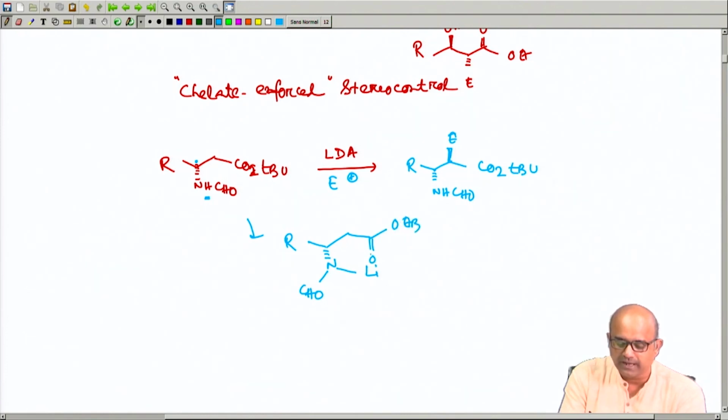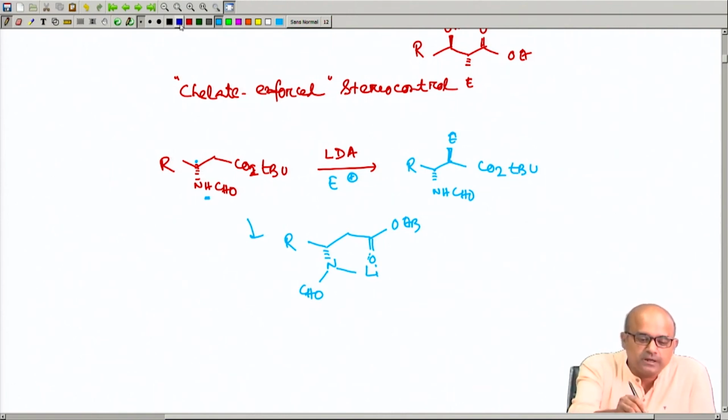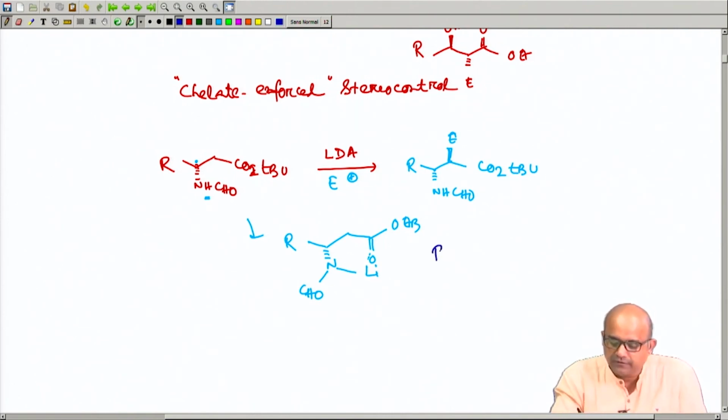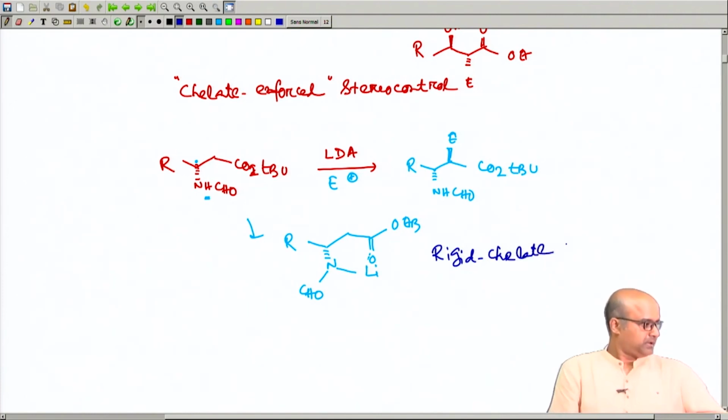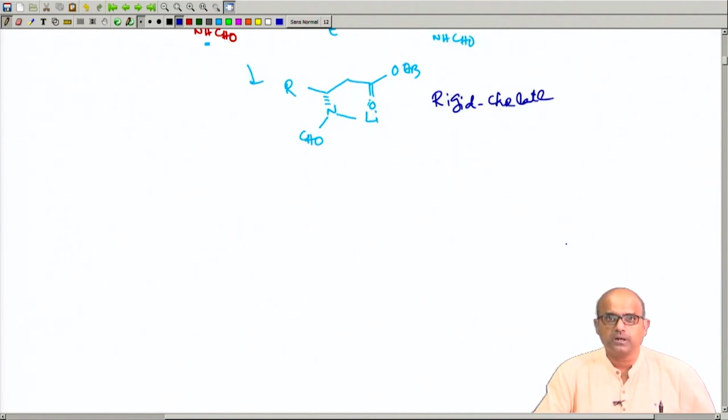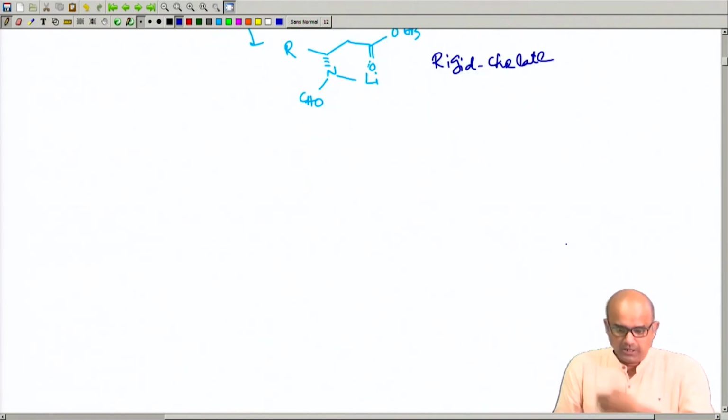So, you basically have this chelate. It is a 1, 2, 3, 4, 5, 6 membered chelate, and you can now fix the rigid chelate. With this rigid chelate, your electrophile approaches in the normal way. So, these two are examples of typical rigid chelate formation in the acyclic mode.